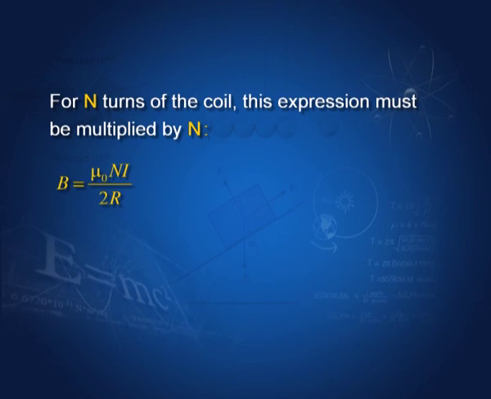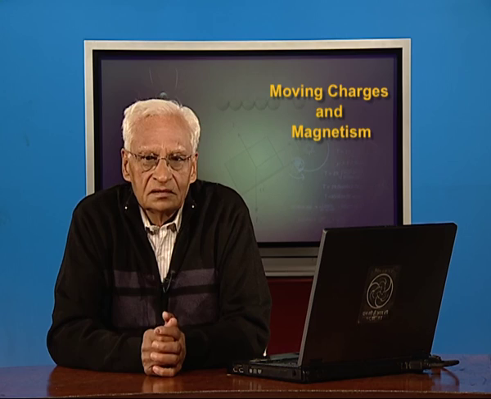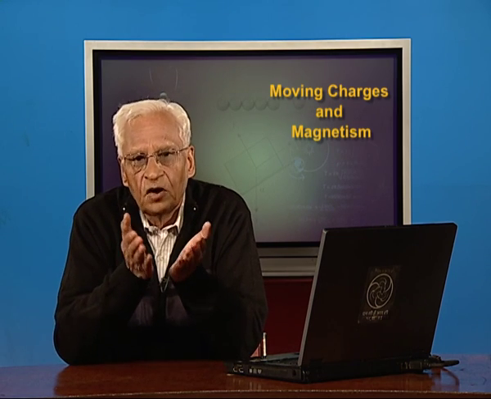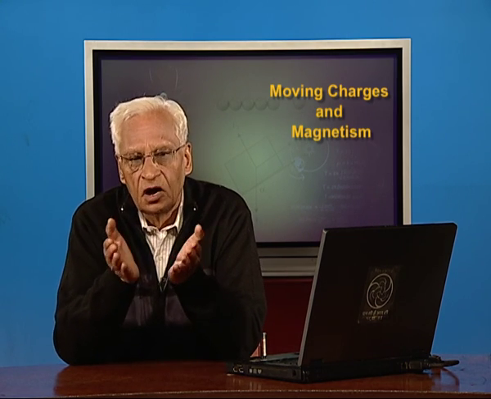And if there are n turns of the coil, like the solenoid which we were discussing last time, then the field becomes mu 0 n I by 2 r, because each turn of the coil contributes to the magnetic field. In this lecture, you see we have concentrated on Biot-Savart's law.